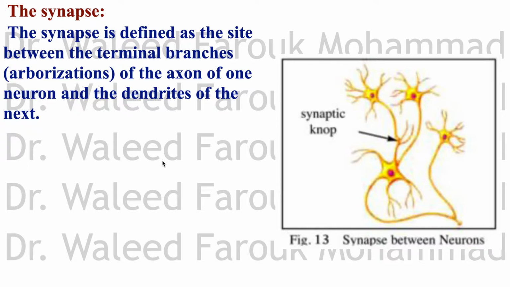There are dendrodendritic, axoaxonic, axodendritic. But at this level, I should only know that it's the site between the axon and the dendrites of another neuron.